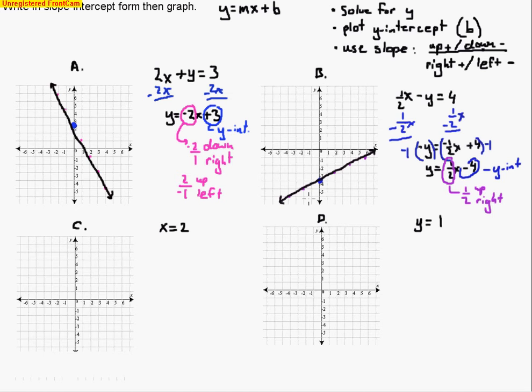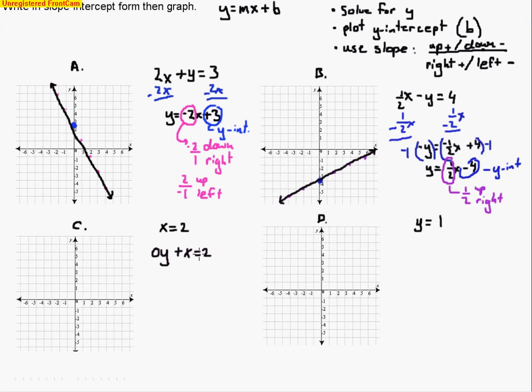Here's one, letter C, where it just says x equals 2. And so what we need to do is we can rewrite this as 0y plus x equals 2. And the reason I put 0y is because we don't see a y term. Typically we want to get the y by itself, but I can't.